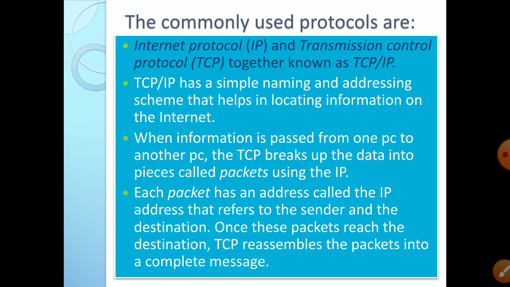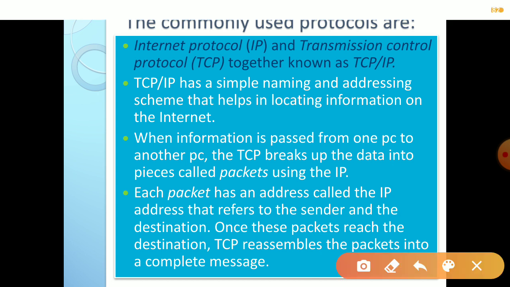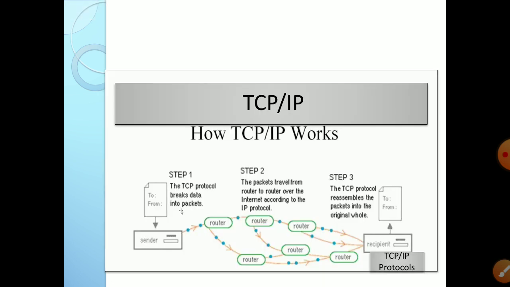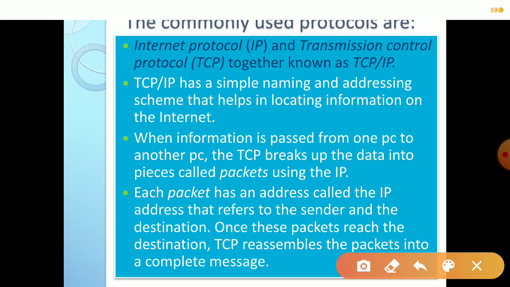The Transmission Control Protocol, TCP, breaks up the data into pieces which are called packets, and with the help of IP, the Internet Protocol, each packet has an address called the IP address, which refers to the sender and the destination.